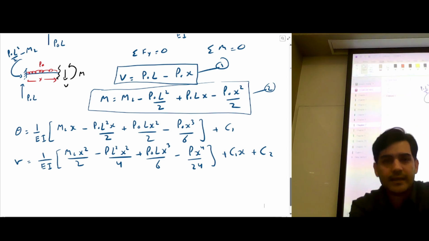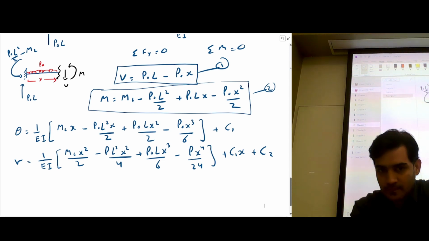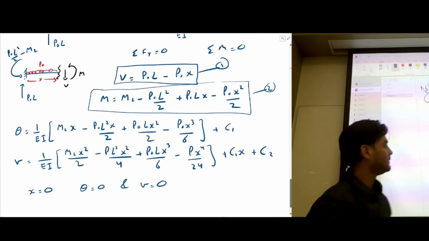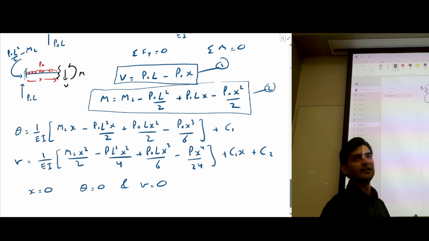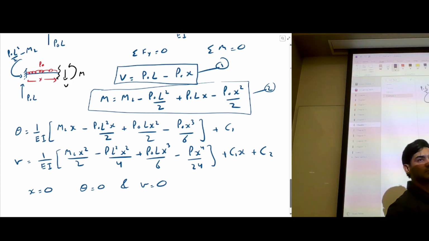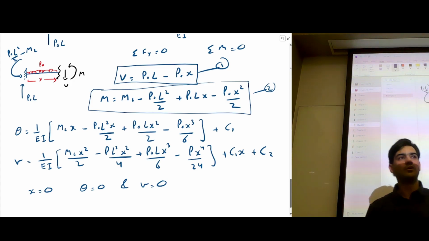So this is a cantilever beam. In a cantilever beam, we know when x is equal to 0, our bending angle is also 0 and our displacement is also 0. At the start of a cantilever beam, you have a fixed support. And at fixed support, your bending angle is also 0 and your displacement is also 0.